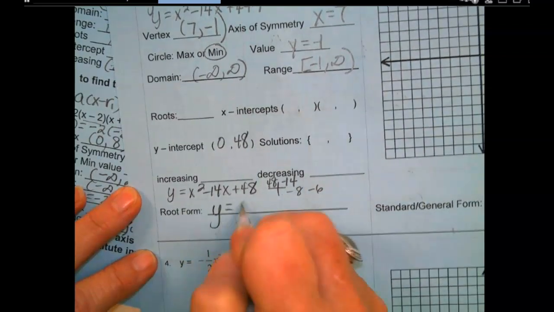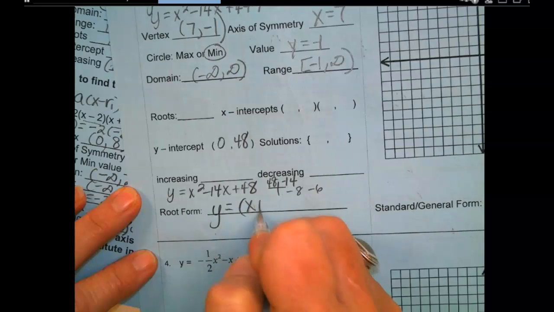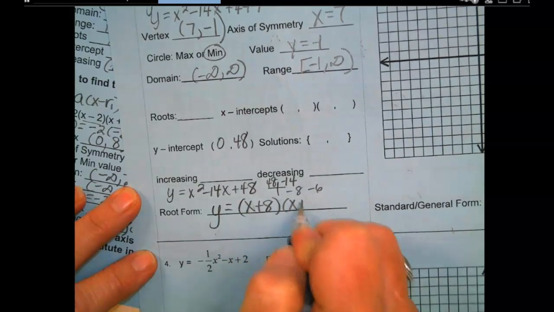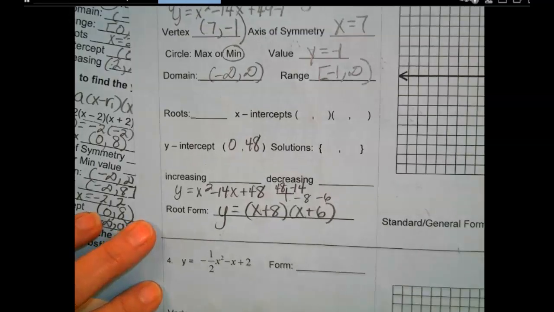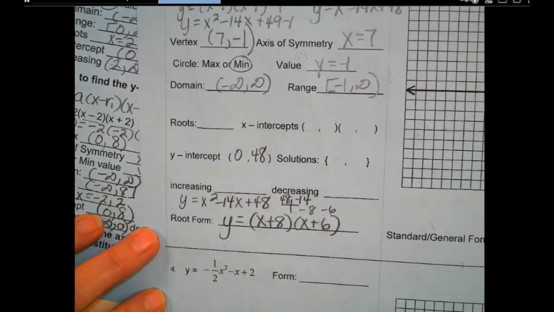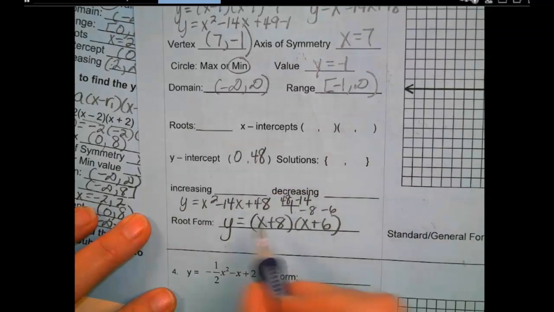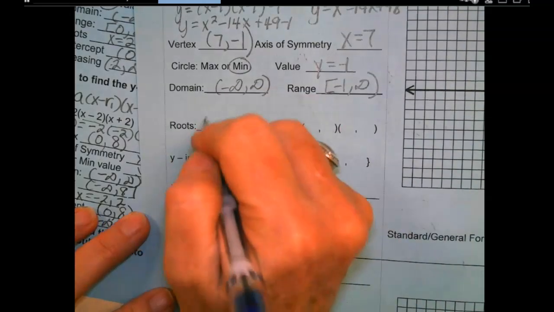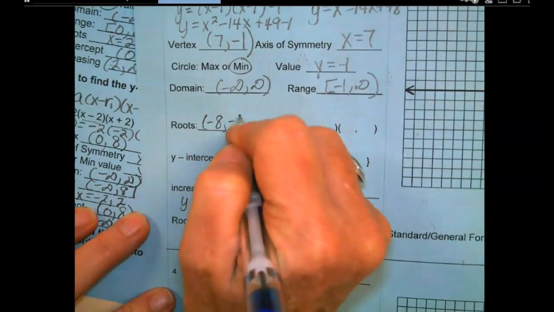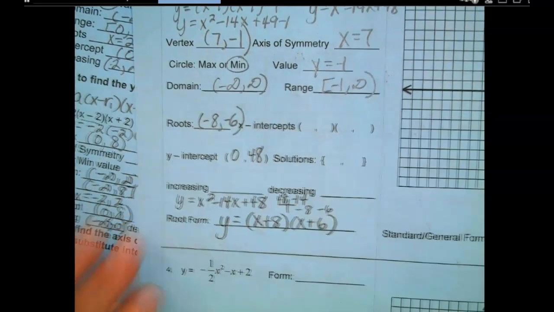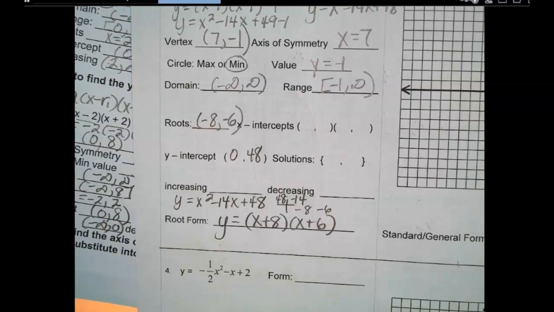So my root form is x plus 8, x plus 6, right? Yes. So here is my root form, check. So that makes my roots -8, -6. Is that right? It can't be.